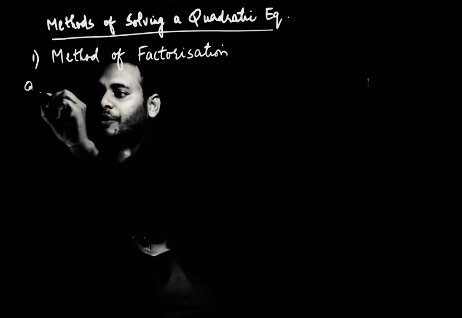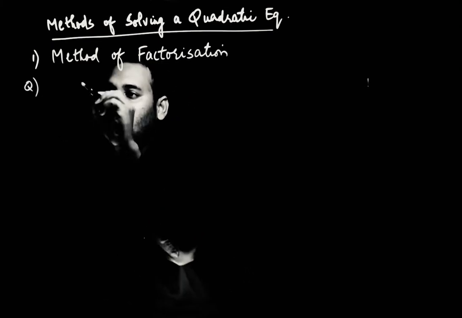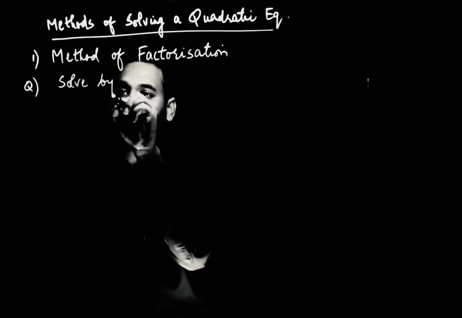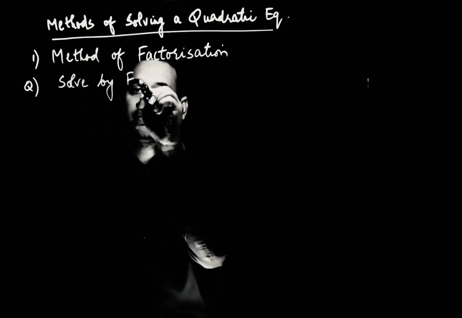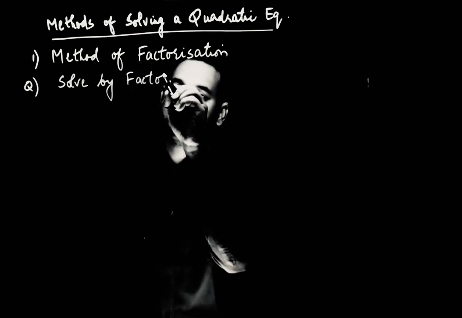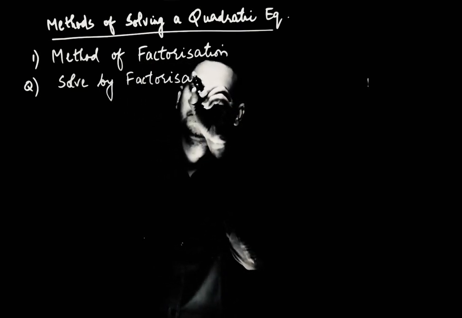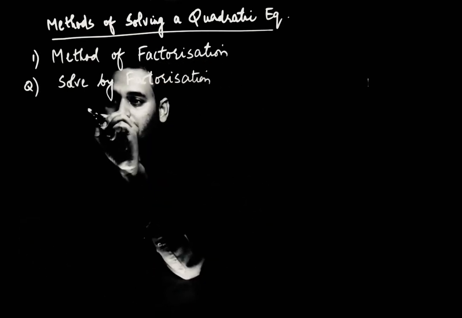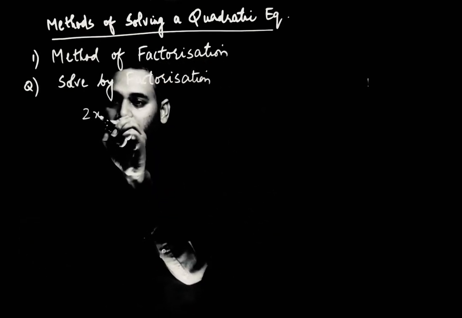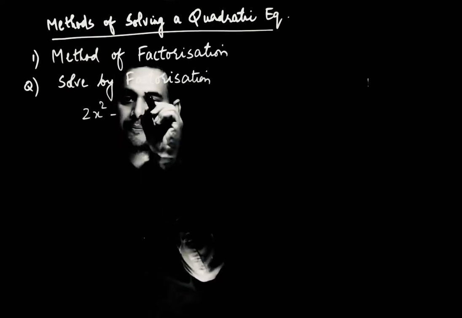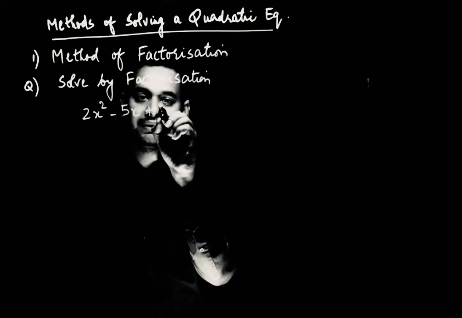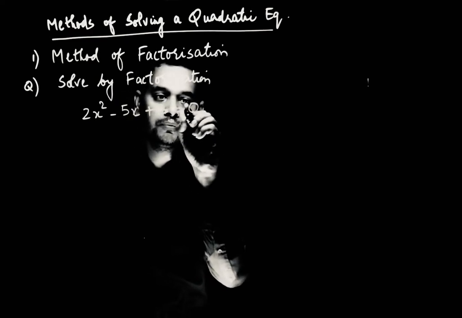So we have a question here: solve by factorization method. The quadratic equation given to you is 2x square minus 5x plus 3 equal to 0.